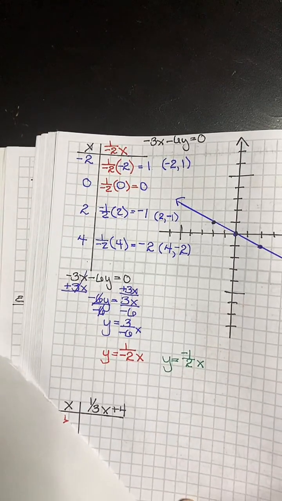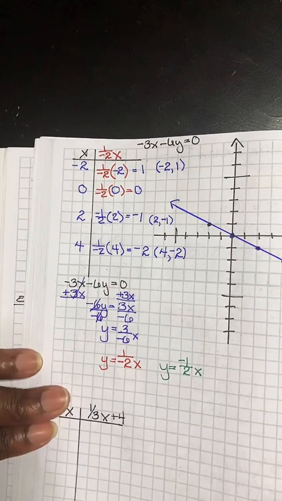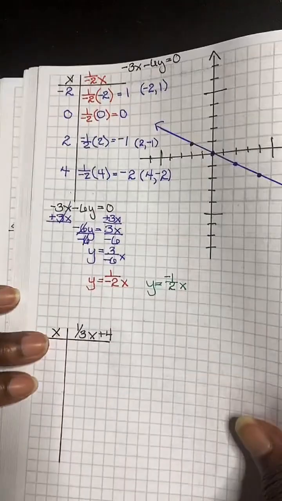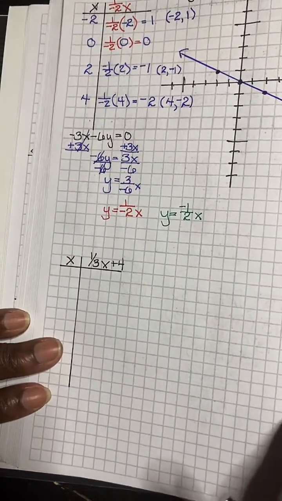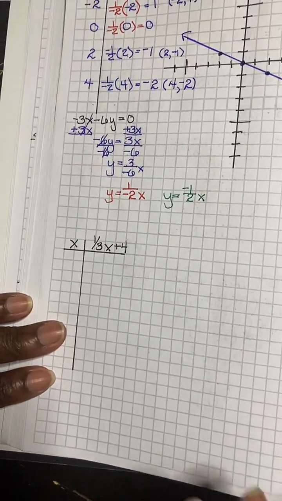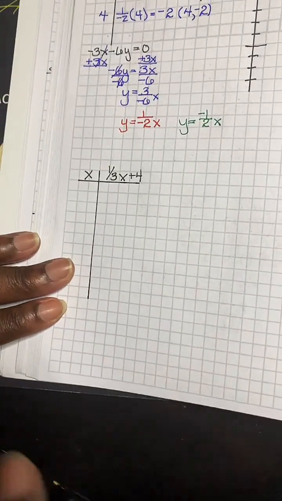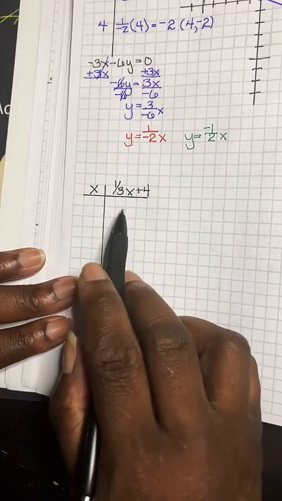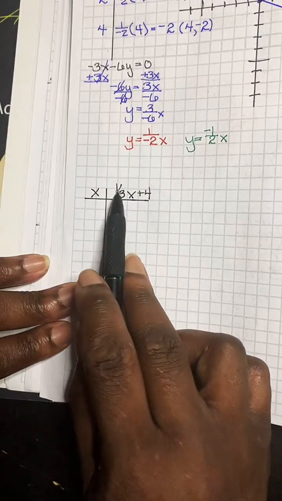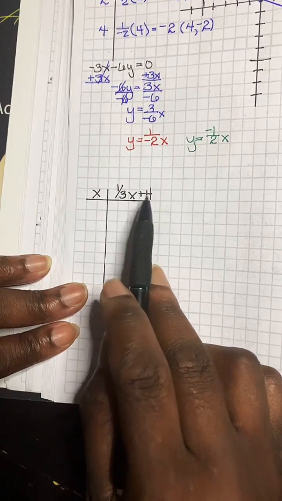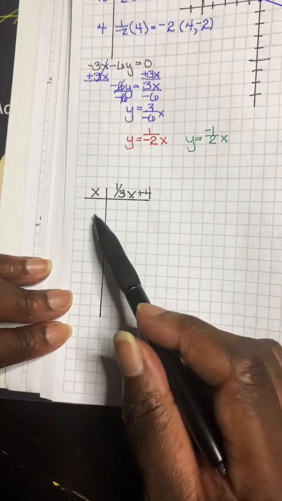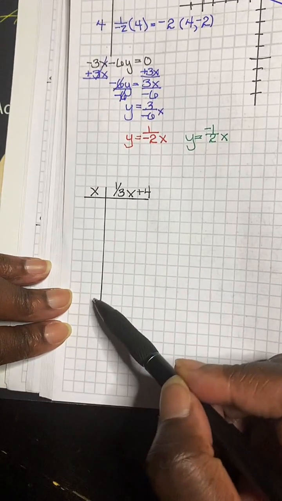All right. So now, the last one. The last equation, we have 1/3 x plus 4. Now, if you have somebody that's saying, yeah, you gotta fill it in using the table.